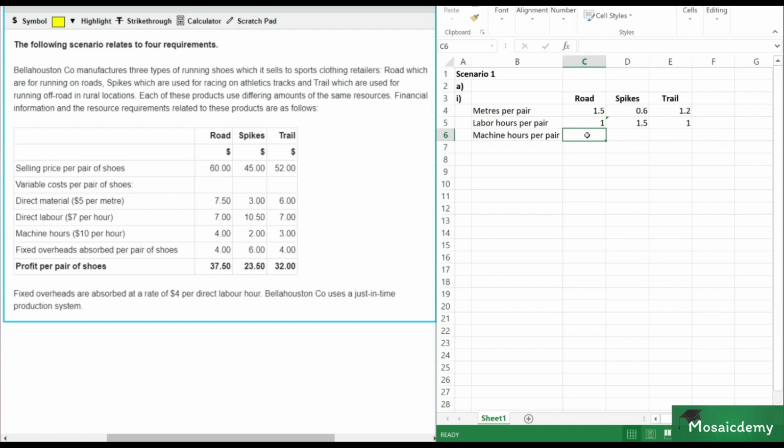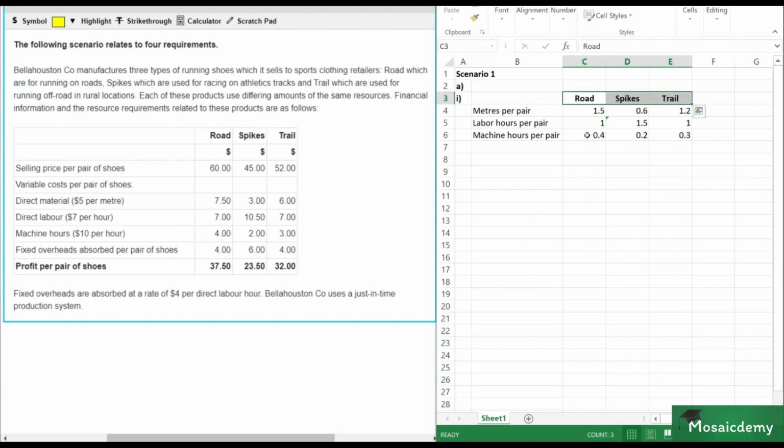Machine hours per pair, same logic, 4/10 for road, 2/10 for spikes, and 3/10 for trail. So now we have the amounts per individual pair.